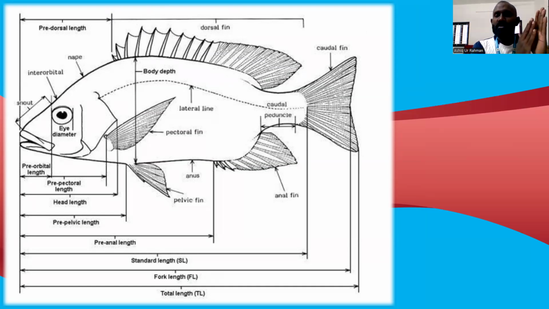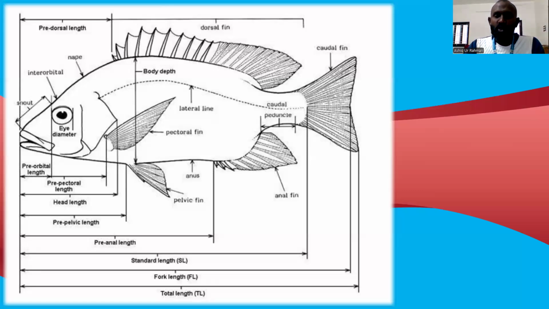Each and every measurement is given a name. For example, head length. Head length starts from the tip of the snout until the operculum. So from snout to operculum is the head region, and the length of that particular region is called the head length.